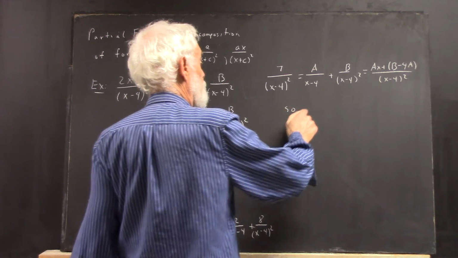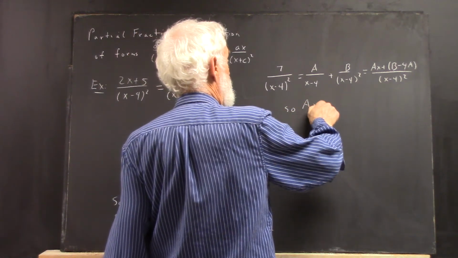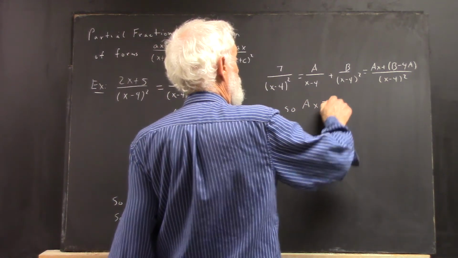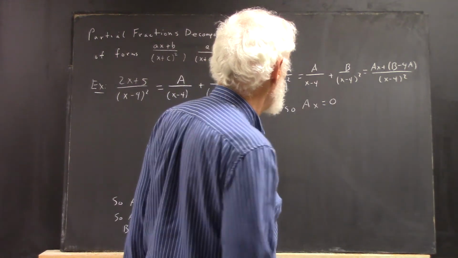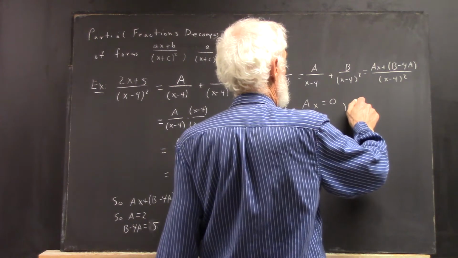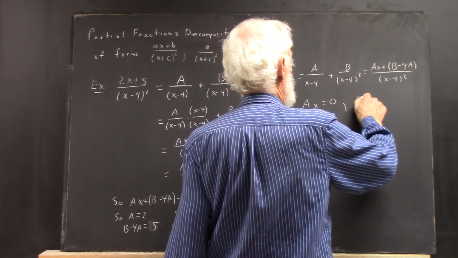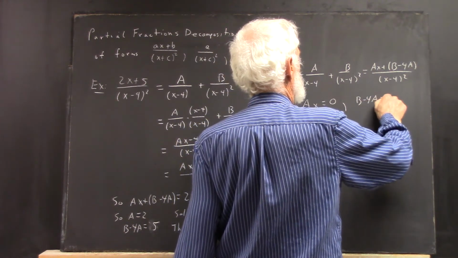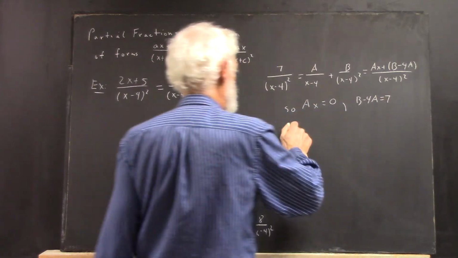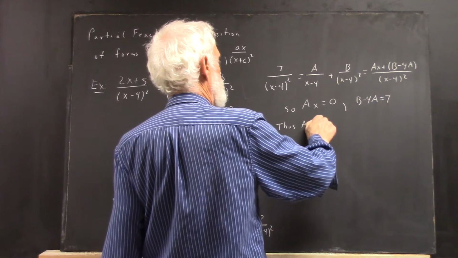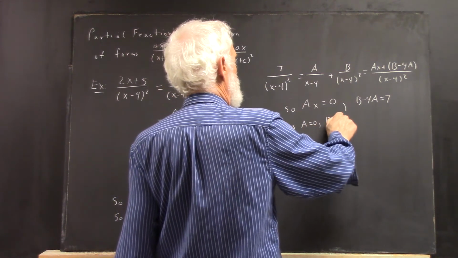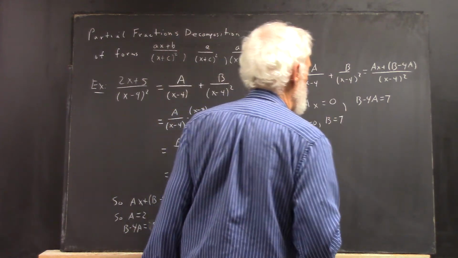So in this case, ax equals 0, meaning that a is 0. And b minus 4a has to equal 7. Thus, a equals 0 and b equals 7.